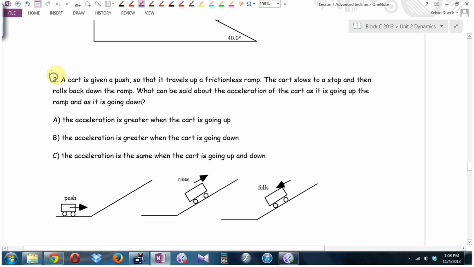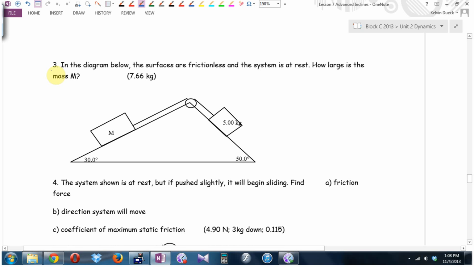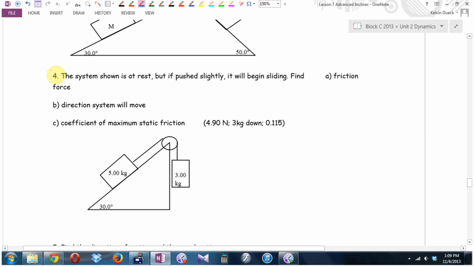Two is a good thought question. Boy, that's finding a mass again. That's a pretty nasty one. Let me see here.